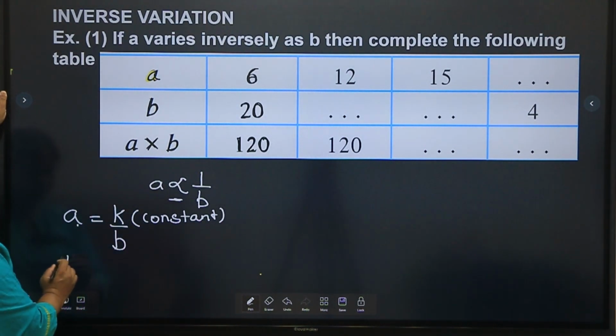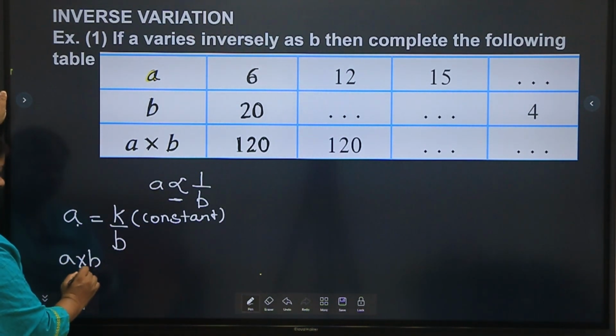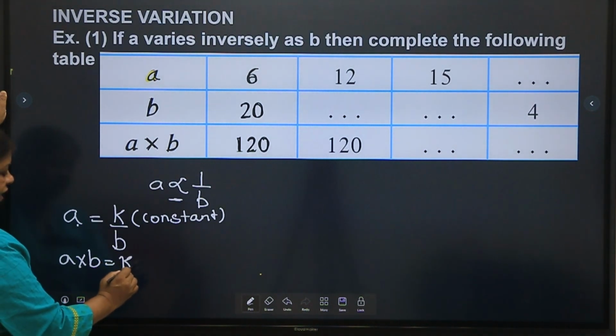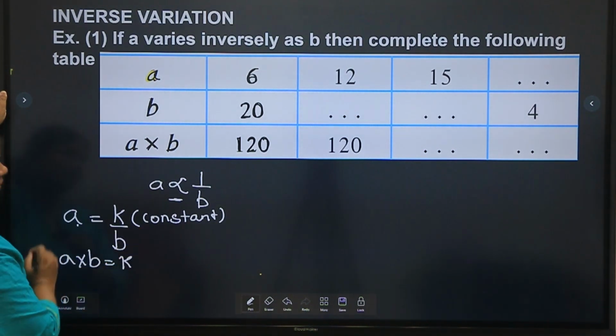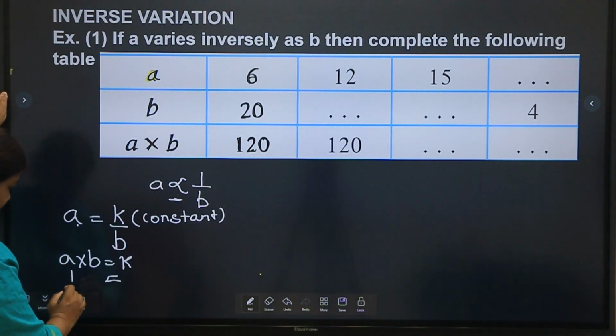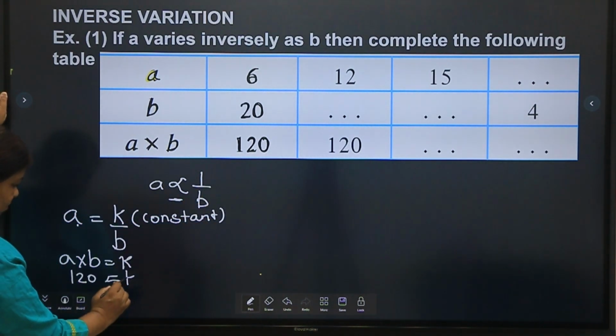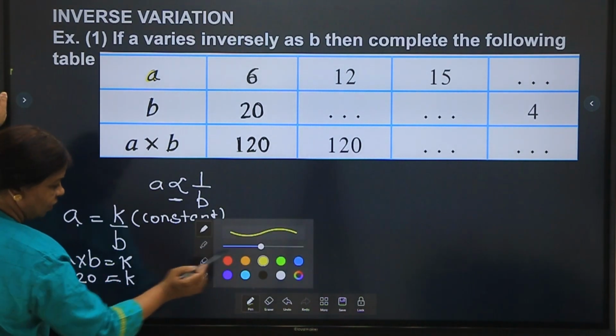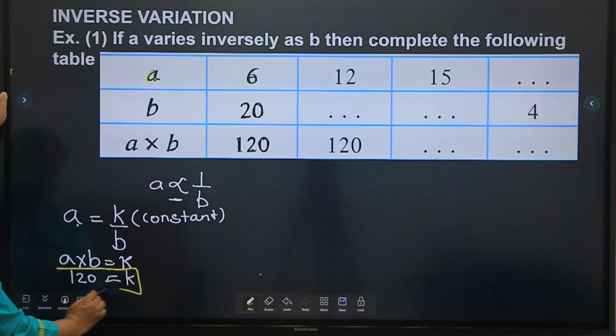A will go with B, A into B is equal to K, and we get the value of K. So the value of K is 120.